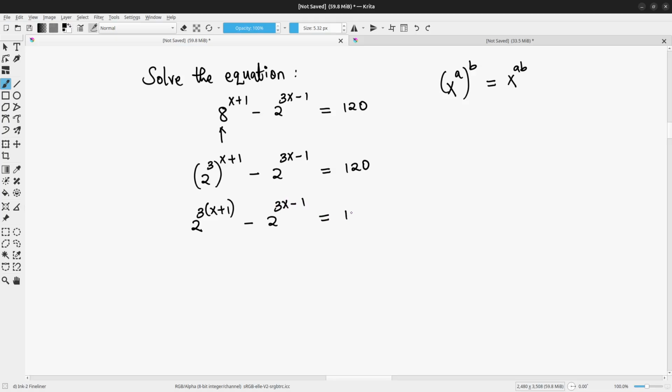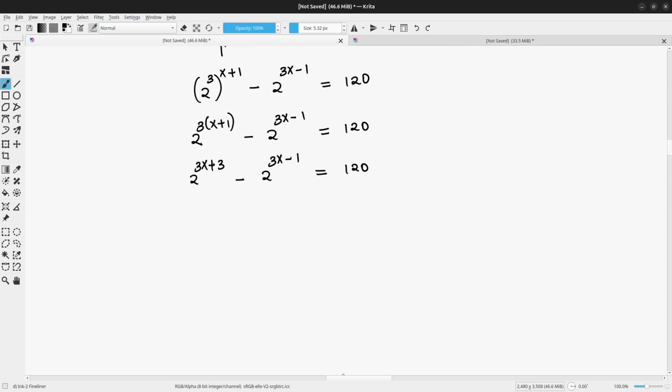This is all equal to 120. So when you expand the powers of 2 here, we get 2 to the power of 3x plus 3 minus 2 to the power of 3x minus 1, and this is equal to 120.